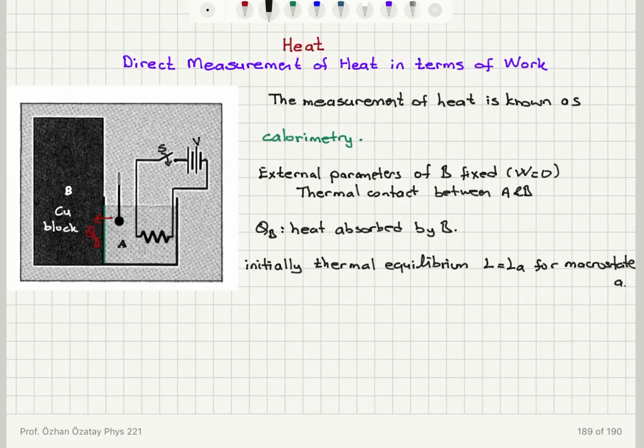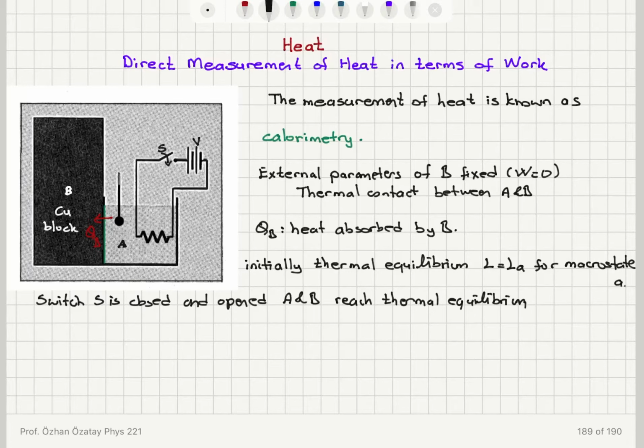And then we close the switch. When the switch S is closed, there will be energy transfer from the battery to the water through the resistor. It is closed and opened, and we wait for some time. Now A and B will reach thermal equilibrium, and I have another reading on the thermometer.